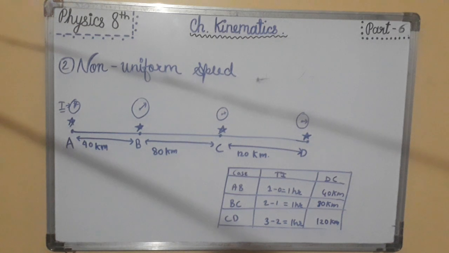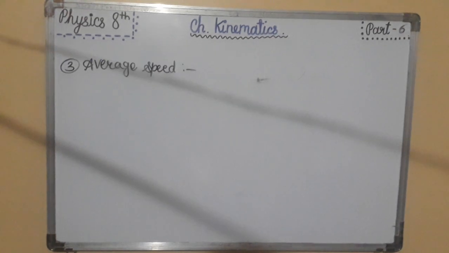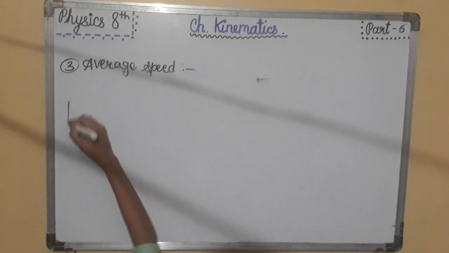After that, the next point we will learn is average speed. So our third topic is average speed. Now let us try the tabulation of the distance covered, and here is the table.